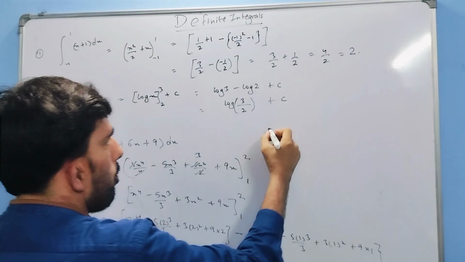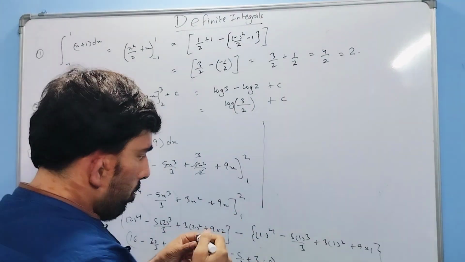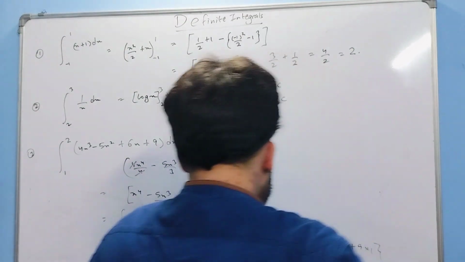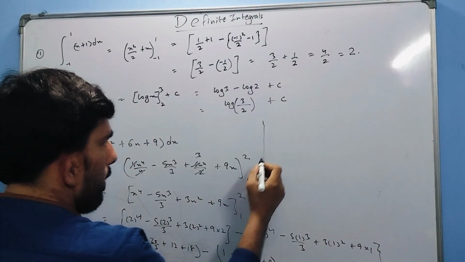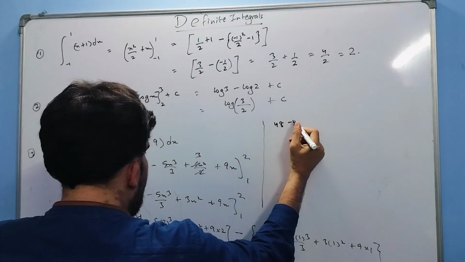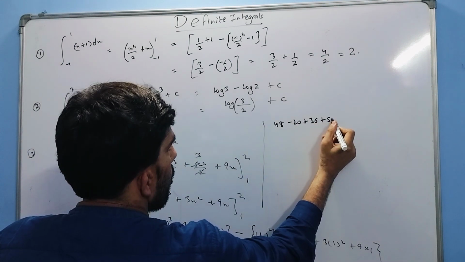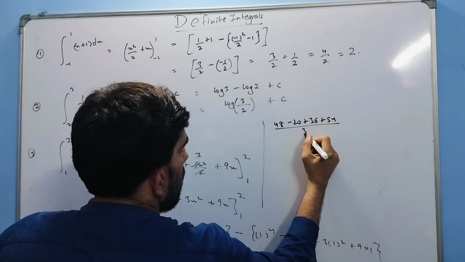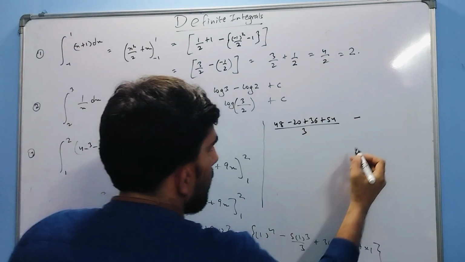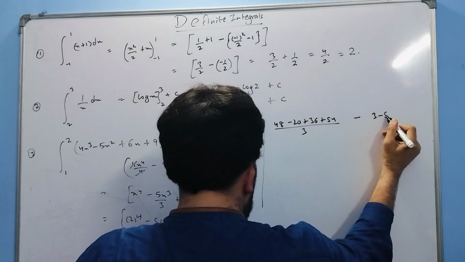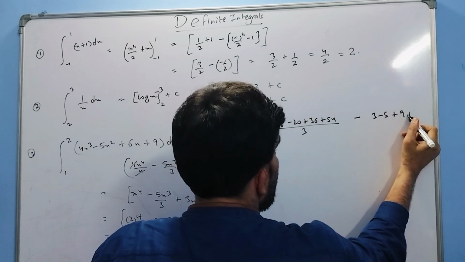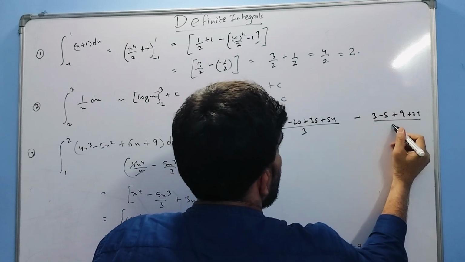Let us solve it here now. So now what I got here is 48 minus 20 plus 36 plus 54 upon 3, and here, if I take the LCM, 3 minus 5 plus 9 plus 27 upon 3.